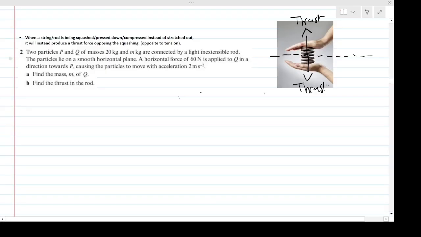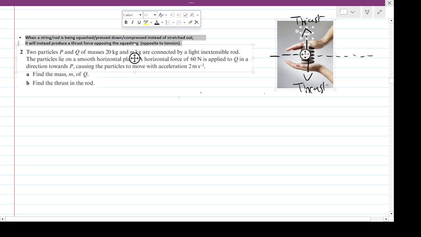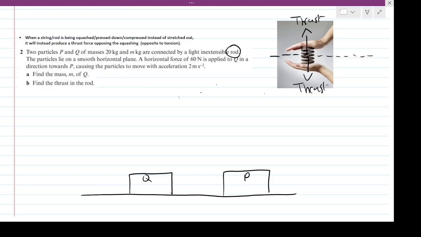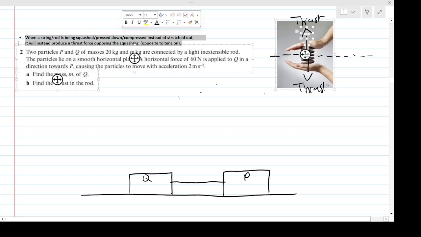Anyway, if I draw this out, firstly, we've got a smooth horizontal plane. So a horizontal like this. So we have particles P and Q. So let's say Q is here and P is here. And they're being connected by this light inextensible rod. So again, the rod connects it together. It's like a tow bar, essentially, right? It's the same sort of idea, just with different words, okay?